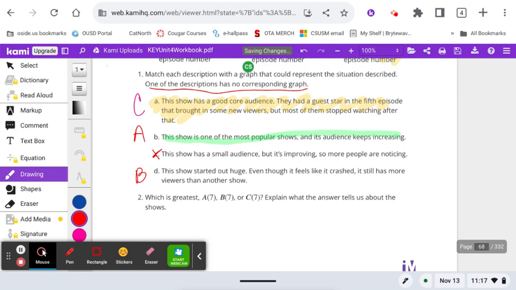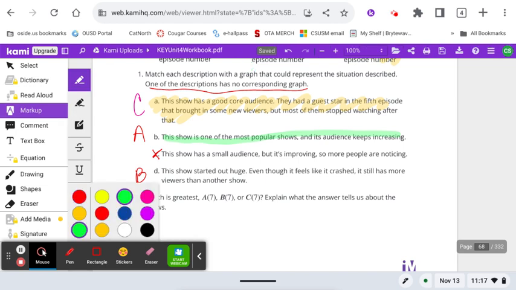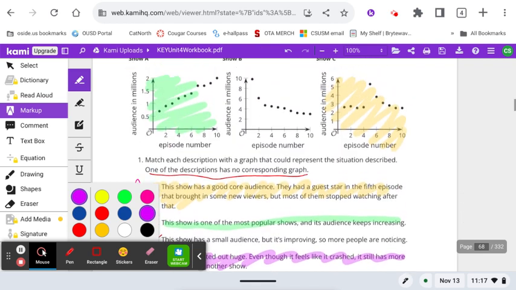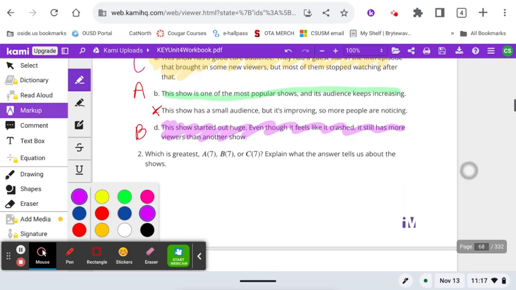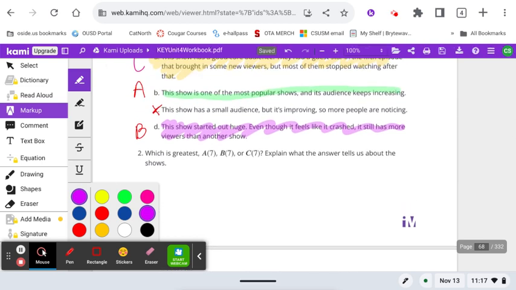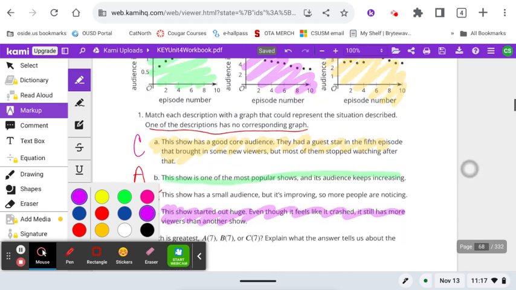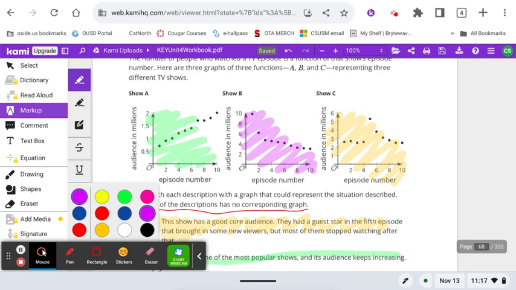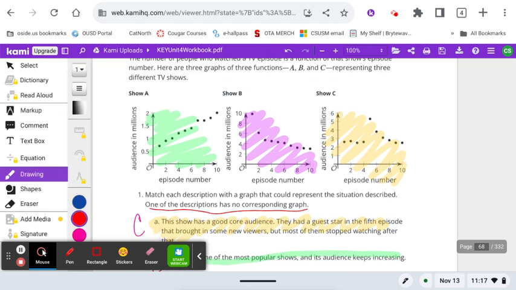And let's go find one more highlight color. All right, which is greatest? A of 7, B of 7, C of 7? So when I go out to episode 7 here, if I follow this up, it looks like it's at 1.75.